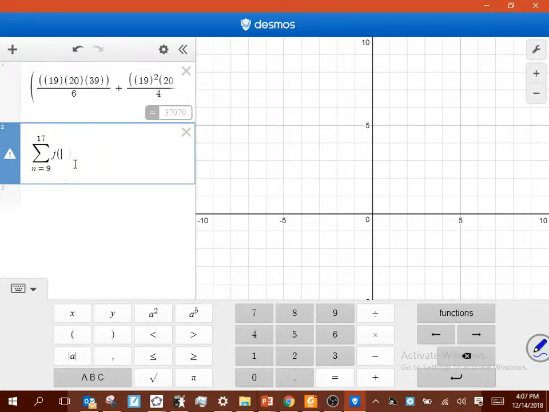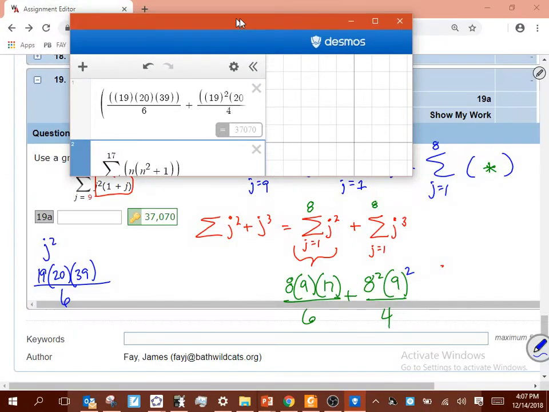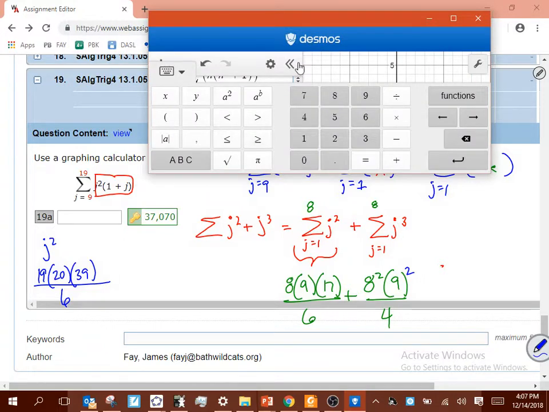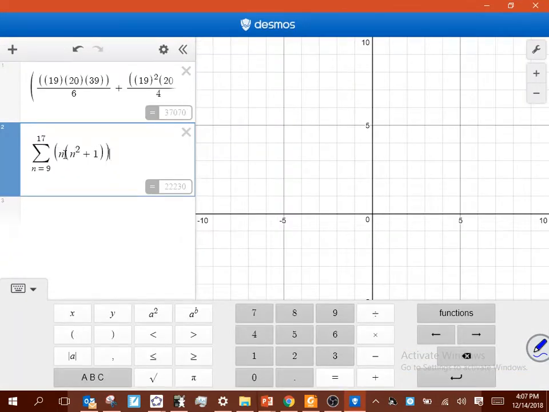So we're going to go using n, n to n squared plus 1. Is that what we had? No, I messed it up again. So it's n squared here. N squared. This is n plus 1.